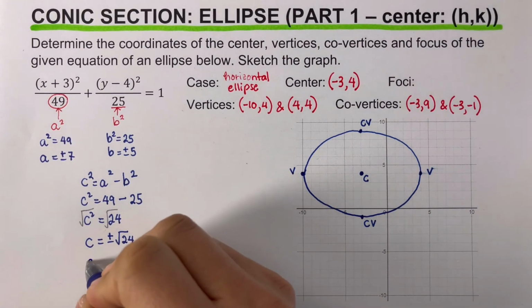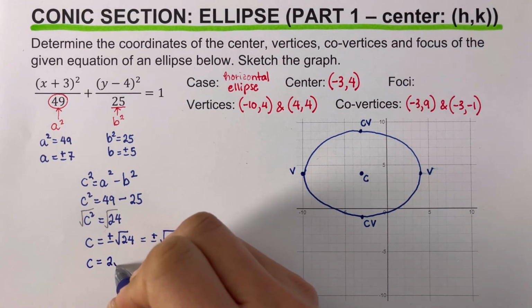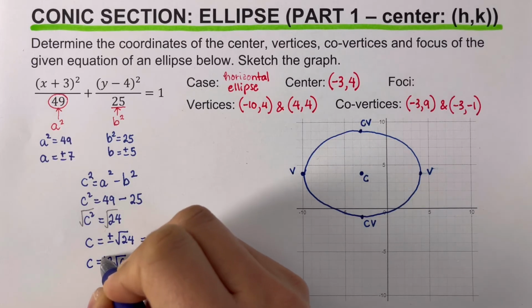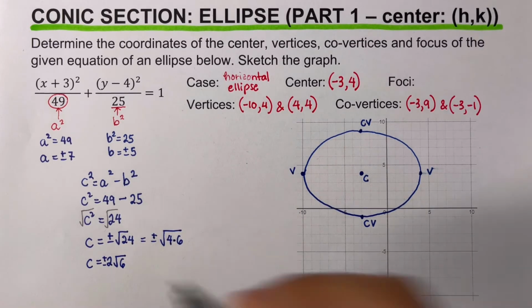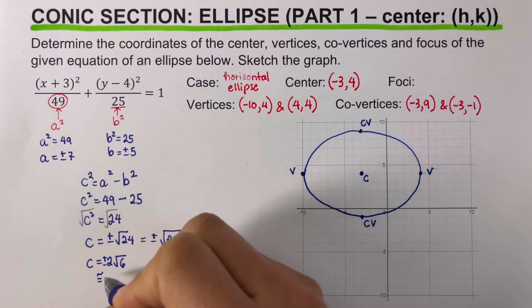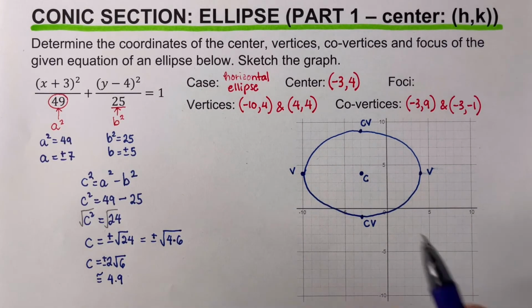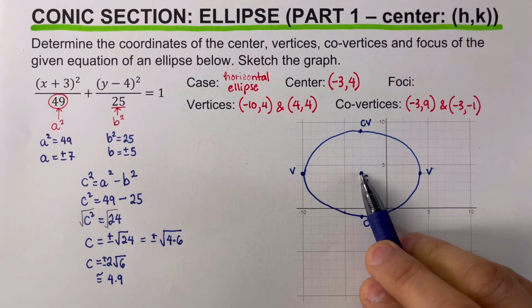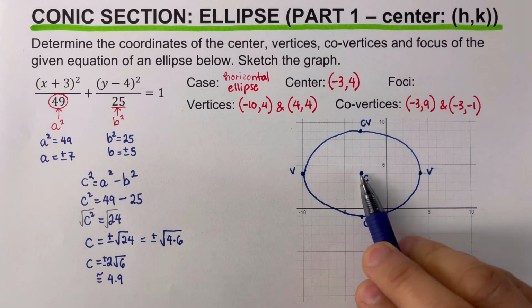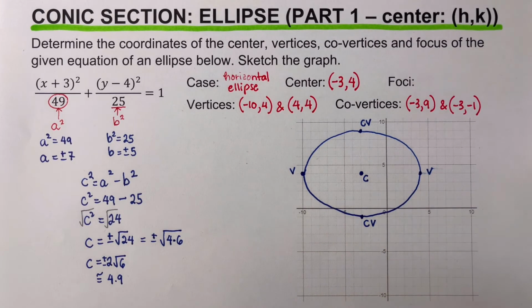So we can go ahead and say that our c is plus minus 2 square root of 6, which is approximately equal to 4.9. This means that I go 4.9 steps to the left and 4.9 steps to the right to determine the location of the two foci.